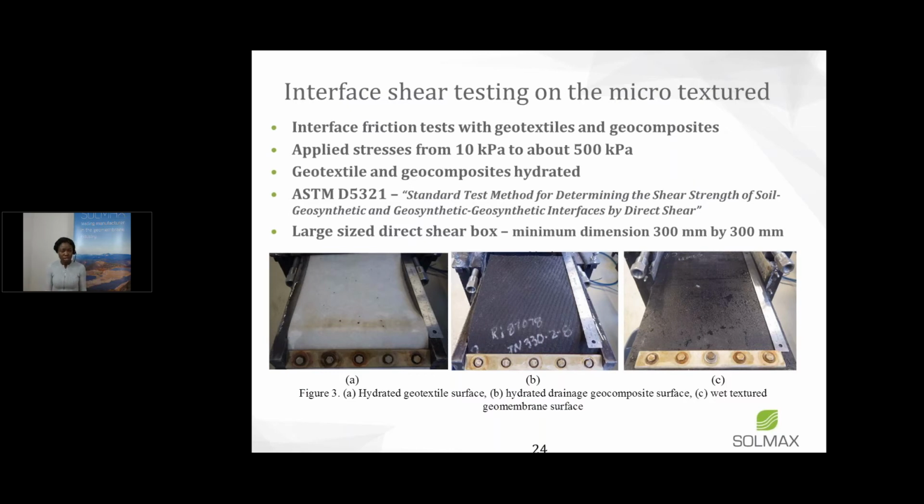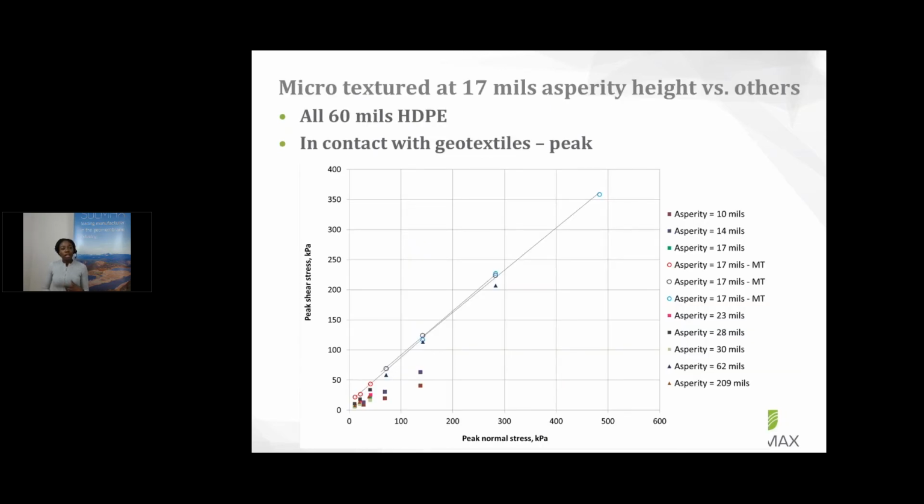So these were large-scale tests. And what we found is that with the microtexturing process at an asperity height of about 17 mils, we compared that with other asperities, those that were like 17 mils but not microtextured, so wider spaced asperity, and also some that were even higher than 17 mils.